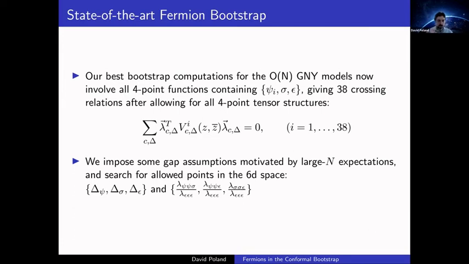In this system, we are imposing various gap assumptions motivated by these large N expectations, and searching for allowed points in the 6-dimensional space involving the 3 scaling dimensions, delta psi, delta sigma, delta epsilon, and also the 3 ratios of OPE coefficients involving these operators. So it ends up being very similar to our search in the O(2) model.